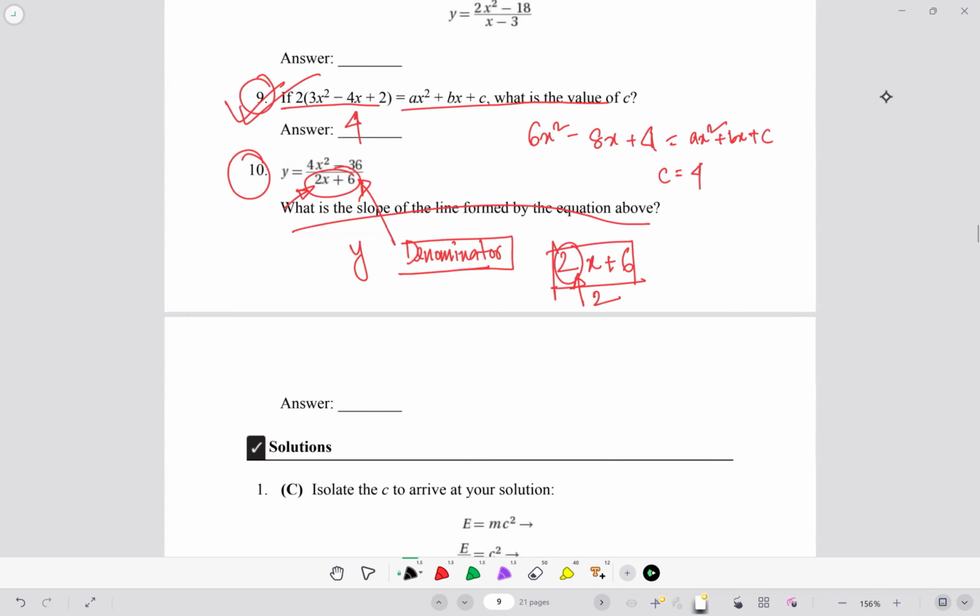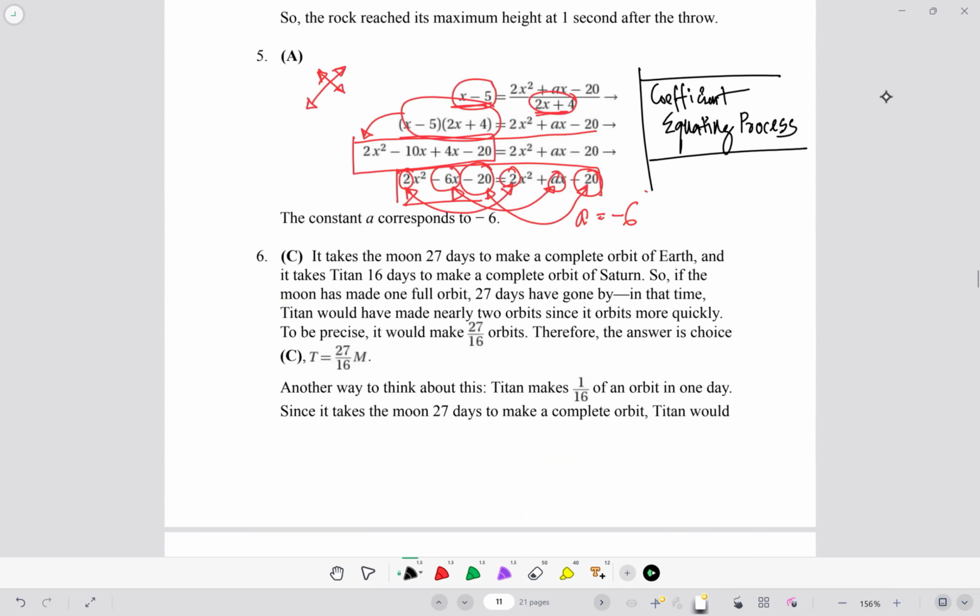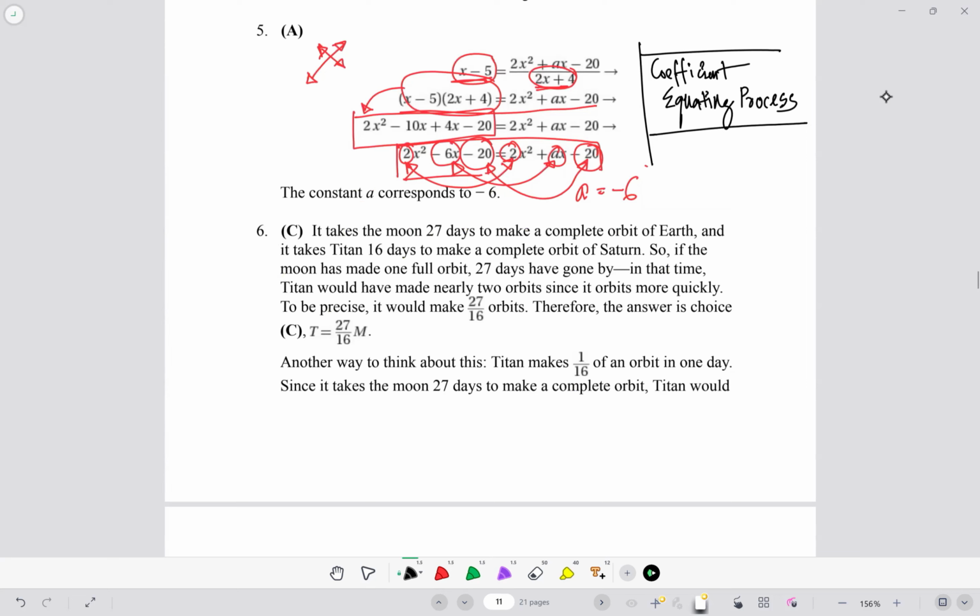To solve this problem, we just need to read it. It takes the moon 27 days to make a complete orbit of Earth, and it takes Titan 16 days to make a complete orbit of Saturn. So if the moon has made one full orbit, 27 days have gone by. In that time, Titan would make nearly two orbits, since it moves quickly.